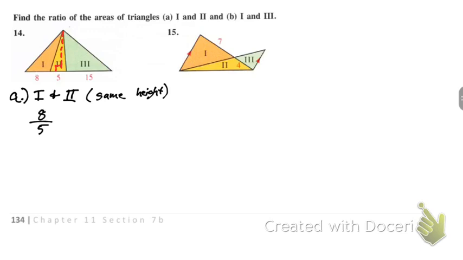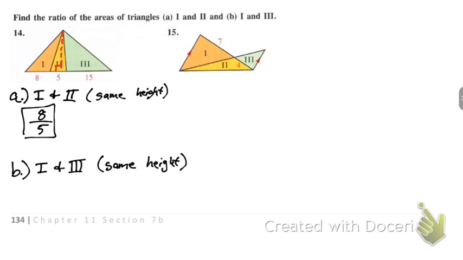The base of 2 is 5, so it's just 8 over 5. For B, we're comparing 1 and 3. Thanks to Tori, we already know those two have the same height. It's the same line. The base of 1 is 8. The base of 3 is 15, so we have 8 over 15.